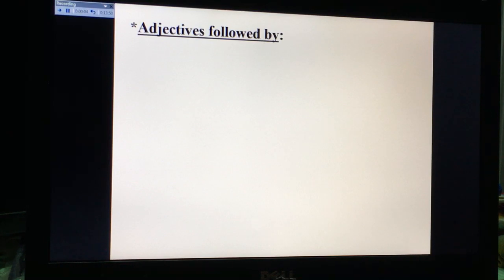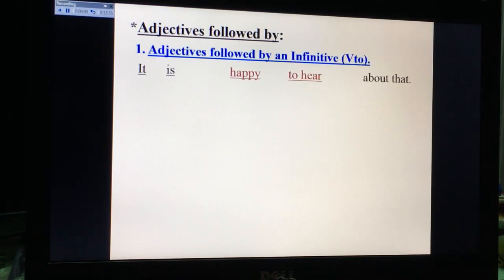Adjective followed by. So look at the example here. It is happy to hear about that. Now, in this sentence we have happy. Happy is an adjective. And you look at the verb after happy, we have to here. So what is the form of the verb here?